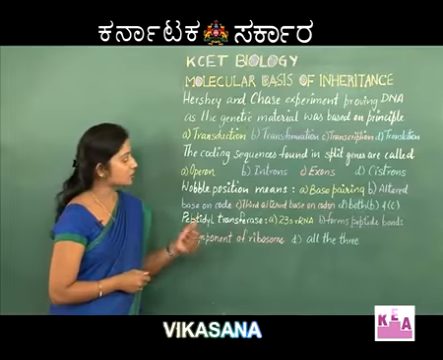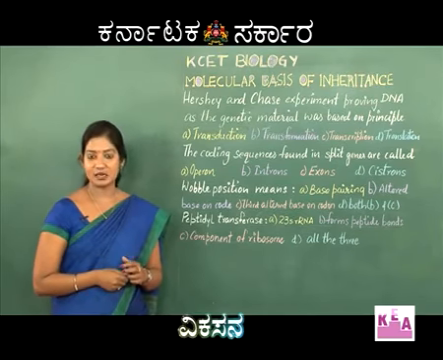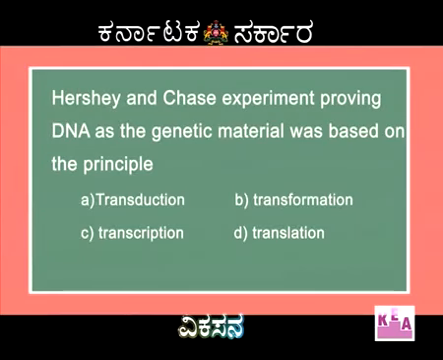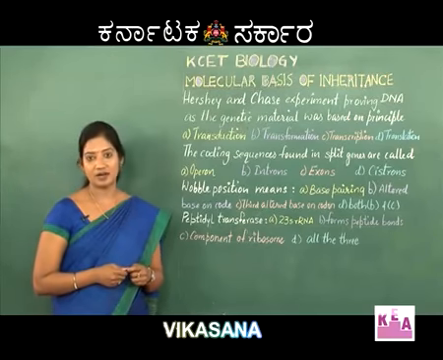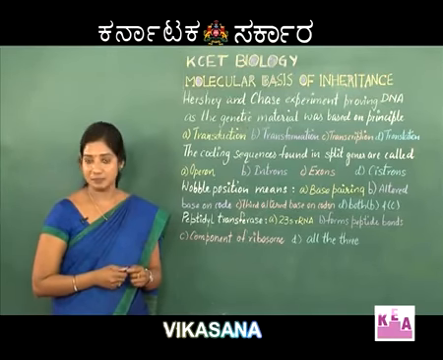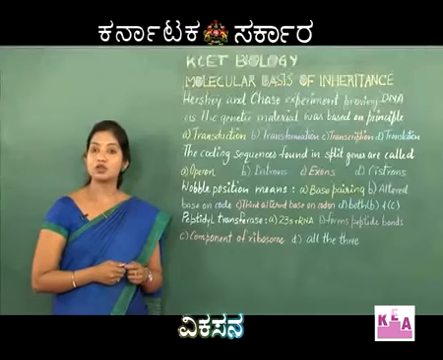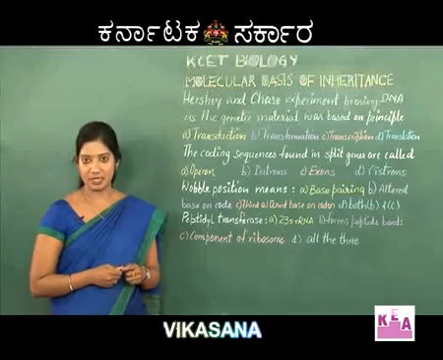Transformation is the change of a bacterial cell due to the direct entry of DNA. Transcription, as you people know, is synthesis of RNA from a DNA template. D, translation, it is production of a polypeptide chain from a messenger RNA.